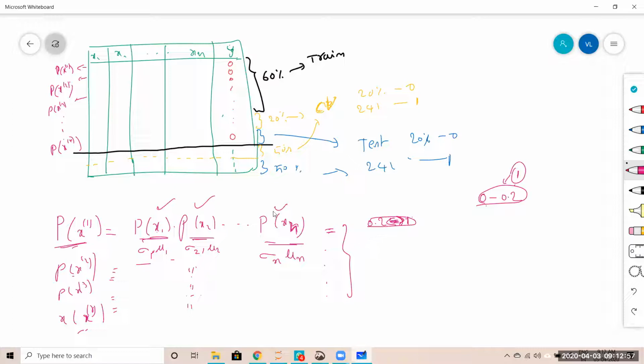So we calculate probabilities here. Using the means and standard deviations calculated on the train set, we will calculate probabilities for the cross validation set and test set also.